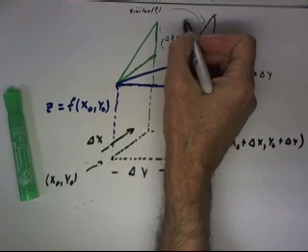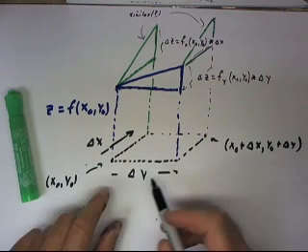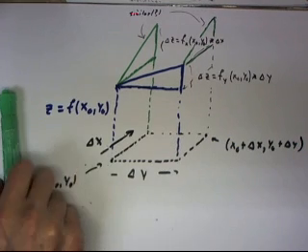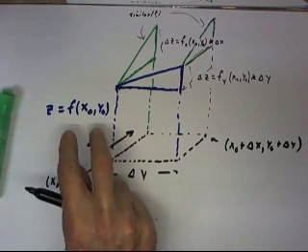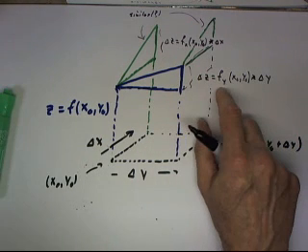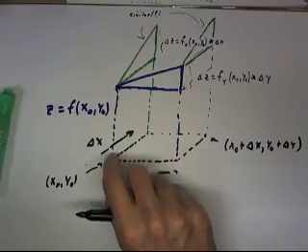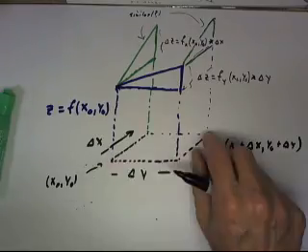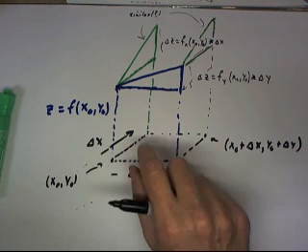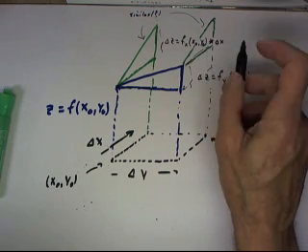Now, if delta x and delta y are small, then this function won't have a lot of room to change its behavior, so the y derivative at this point should be pretty close to the y derivative at this point, and the x derivative at this point similarly pretty close to the x derivative at this point, so that these derivatives won't have much room to change.